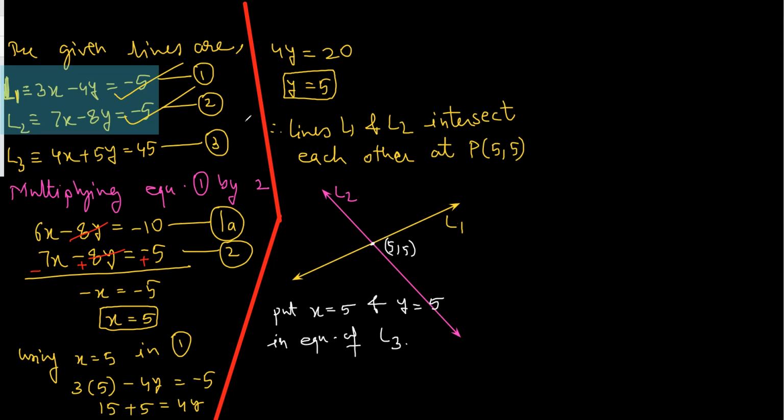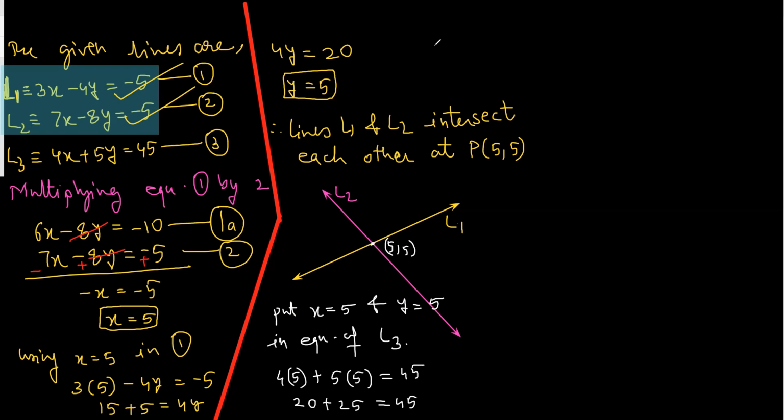So I put x equals 5 and y equals 5 in the equation of L3. So 4 into 5 plus 5 into 5, equals 45. Four 5s are 20, five 5s are 25, and 20 plus 25 is 45.